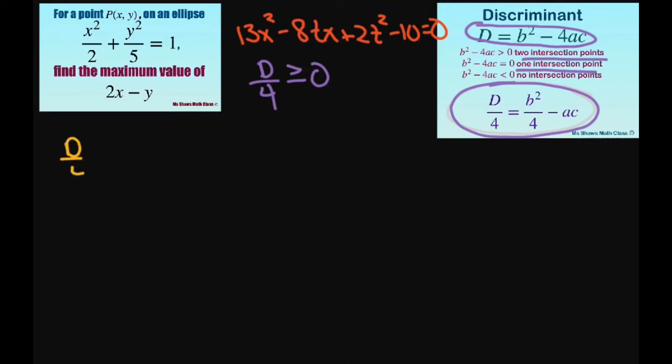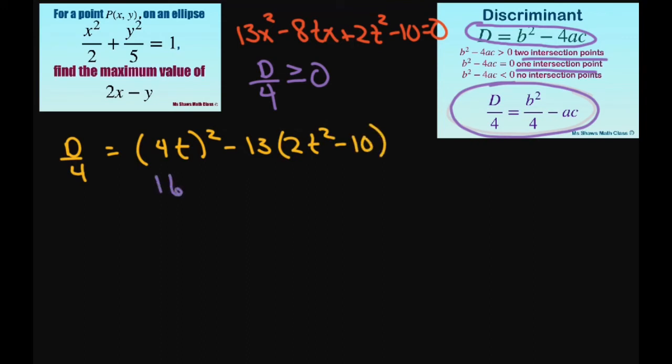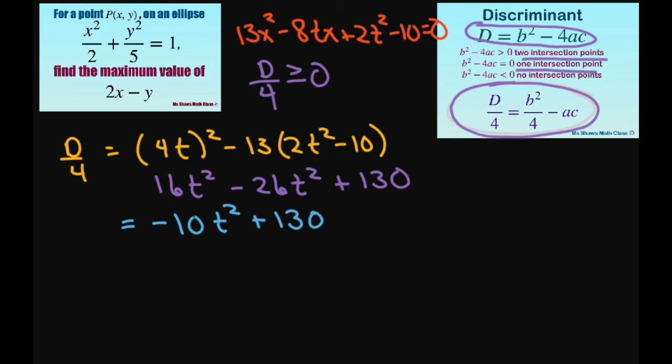So D divided by 4 is going to equal, just substituting everything in, 4t squared minus 13 times (2t squared minus 10). This is going to give me 16t squared minus 26t squared plus 130. This gives me negative 10t squared plus 130, which equals negative 10 times (t squared minus 13).